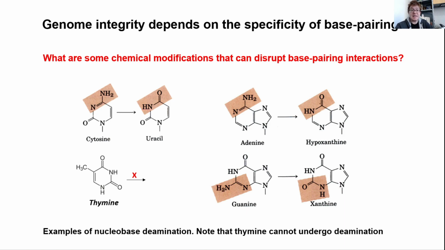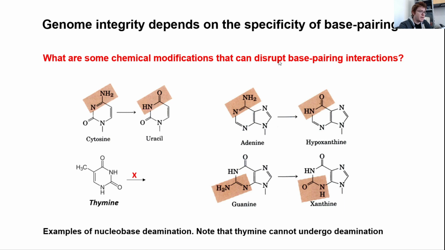It's not native in DNA, but we do know that uracil can make base pairing interactions with adenine, and so this is a particularly devious one that may impact reading in a very obvious way. And of course, it's important to note that you can't undergo deamination if you don't have any amines with which to do that process. So bases like thymine or uracil itself, which do not have amines, cannot undergo deamination.